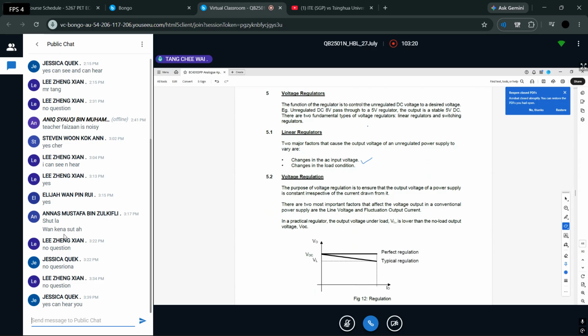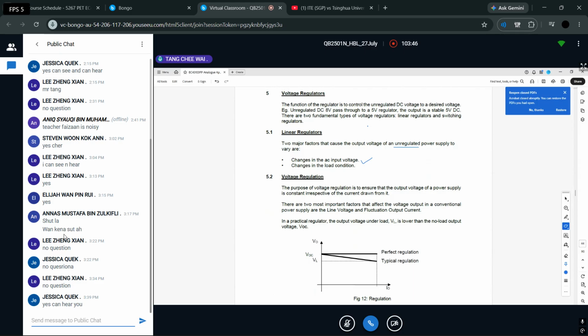So if the AC input fluctuates, the DC will be affected. That's what they mean here, changes in the AC input. Input comes in, changes, output obviously will change. That's why the word unregulated means fluctuation. Not regulated means not stable. In other words, there are changes.